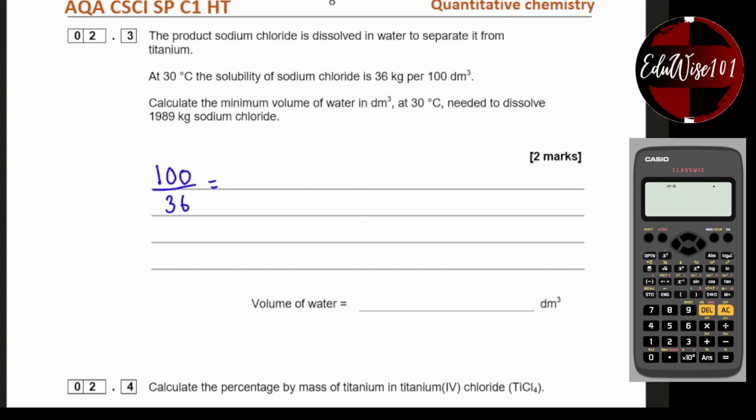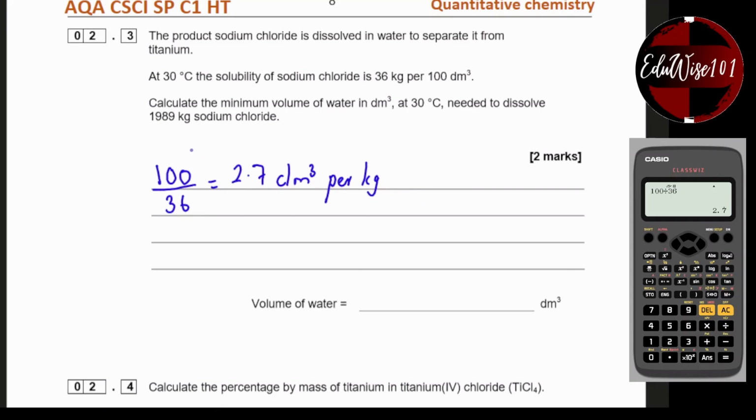So let's find that out. 100 divided by 36 will give me 2.7 decimetre cubed per kilogram.